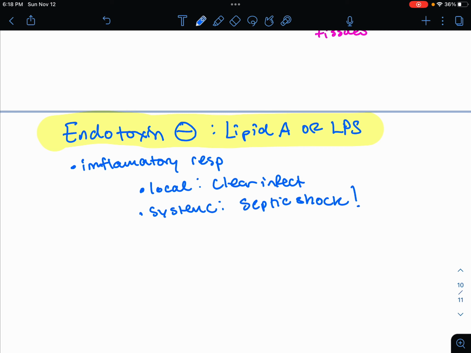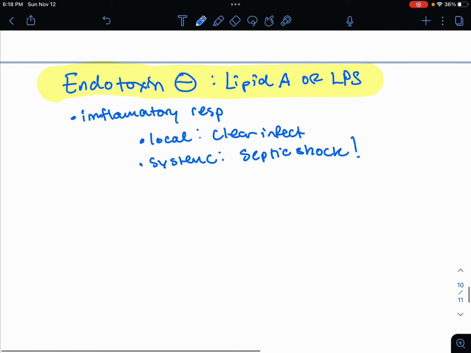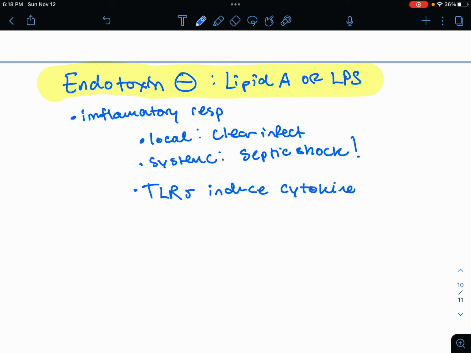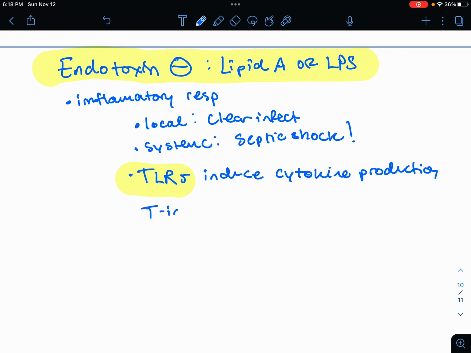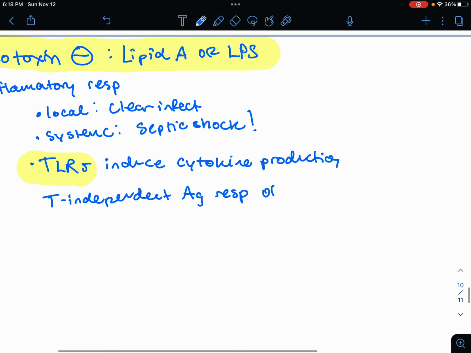This is dangerous. There are also toll-like receptors, or TLRs, that are going to induce cytokine production, and the T-independent antigen response of B cells at high concentration.